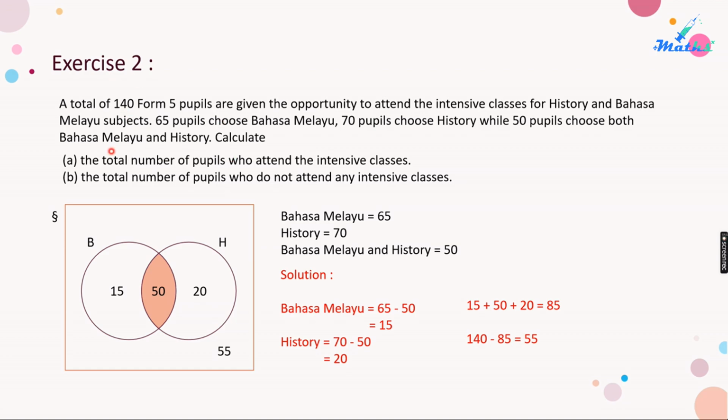And for the total number of people who do not attend any intensive classes, because we have 140 people but only 85 people attend Bahasa Melayu, history, or both, we take 140 minus 85 and we get 55. And the 55 we write outside the Venn diagram.